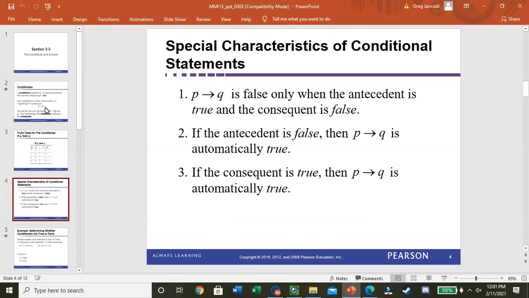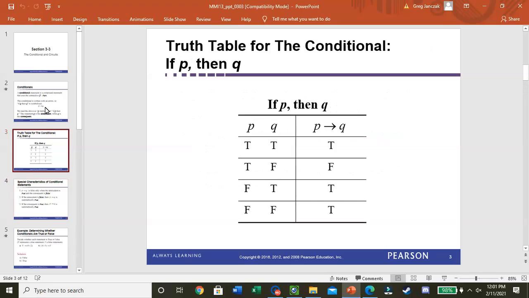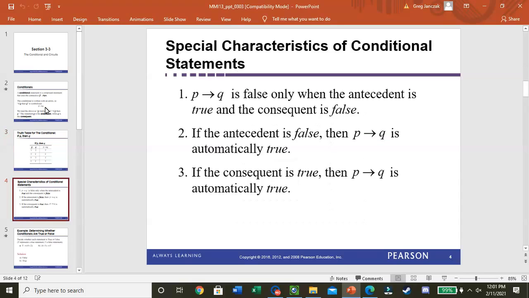Okay, and so that's what this is saying here. If P then Q is false only when the antecedent is true and the consequent is false. All right, so if the antecedent is false, the first part, then it is automatically true.